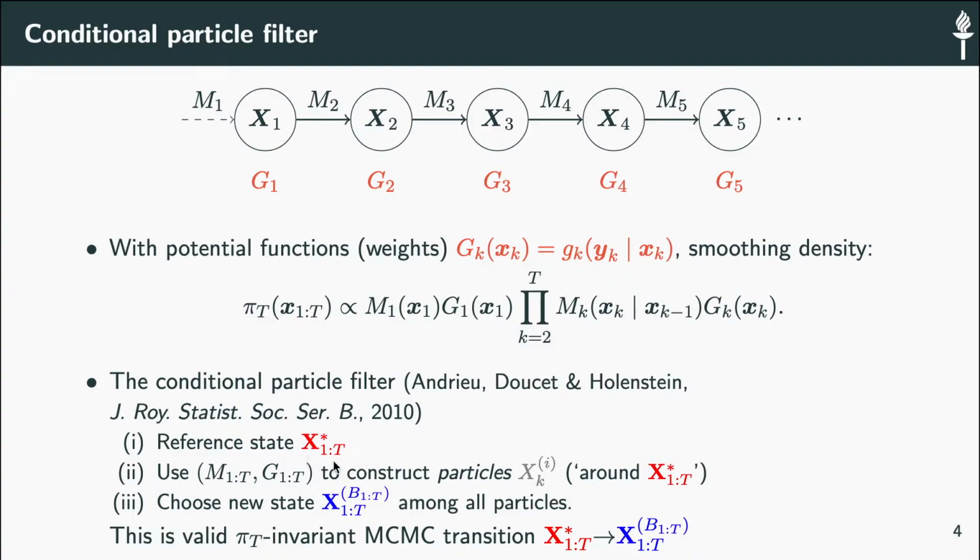You start from a certain initial guess or reference state or reference trajectory, in red here. You construct a number of particles at each time instant around the reference, and then you choose a new state among all the particles, including the reference and the new particles. And this will be a valid pi-t invariant MCMC transition.